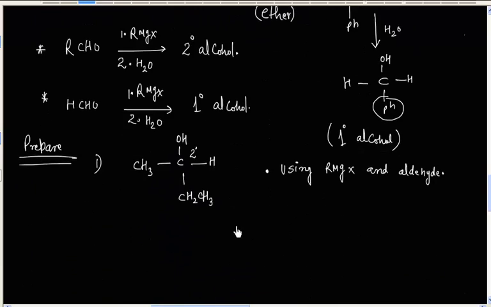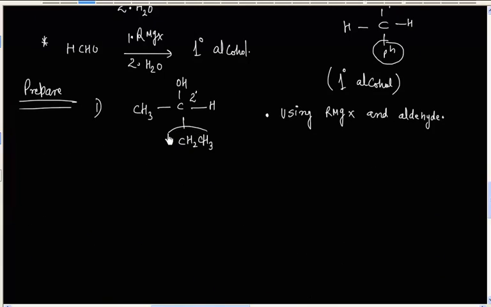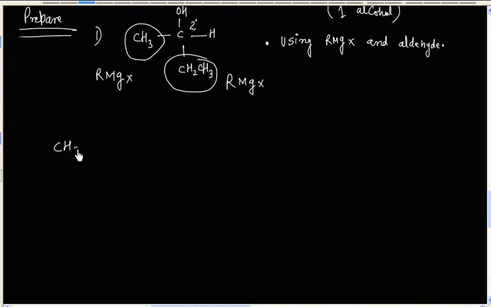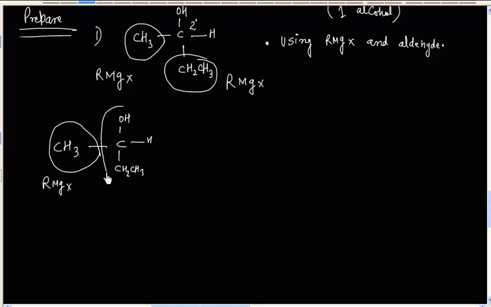So now we have two options. We can choose this as an incoming group from Grignard reagent, or we can choose this as an incoming group from Grignard reagent. So there are two options possible. So let us say first, if I choose this one that is coming from Grignard reagent, then this one is coming from aldehyde.